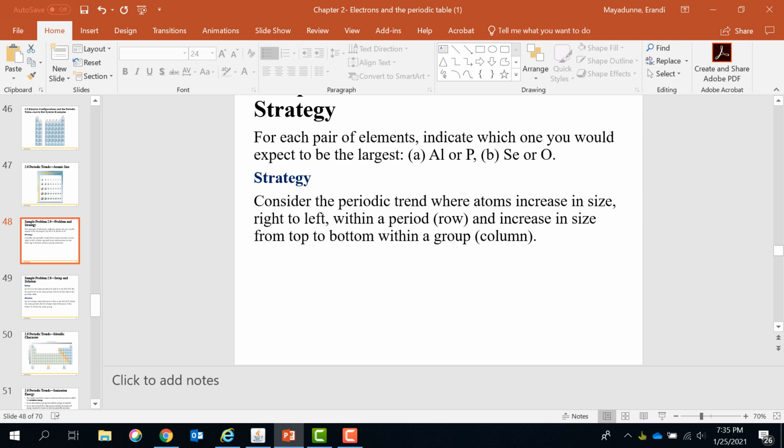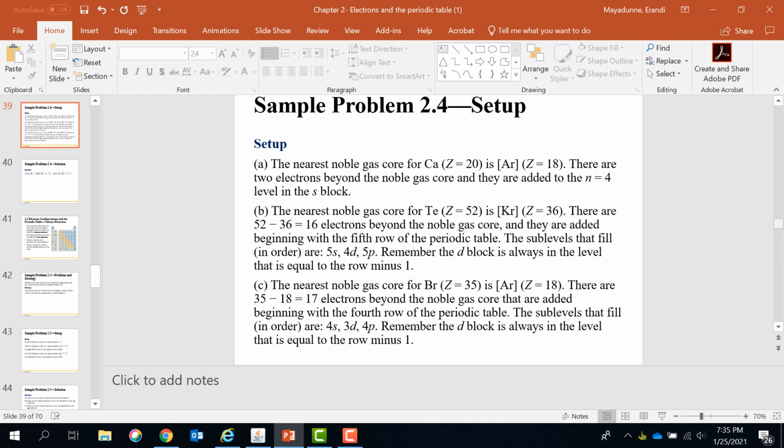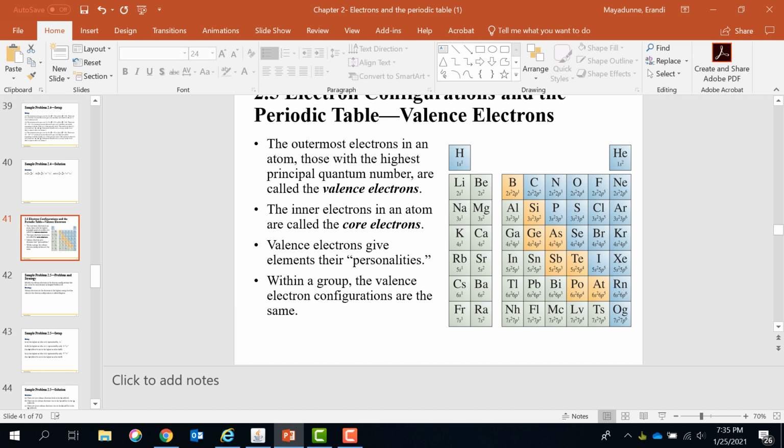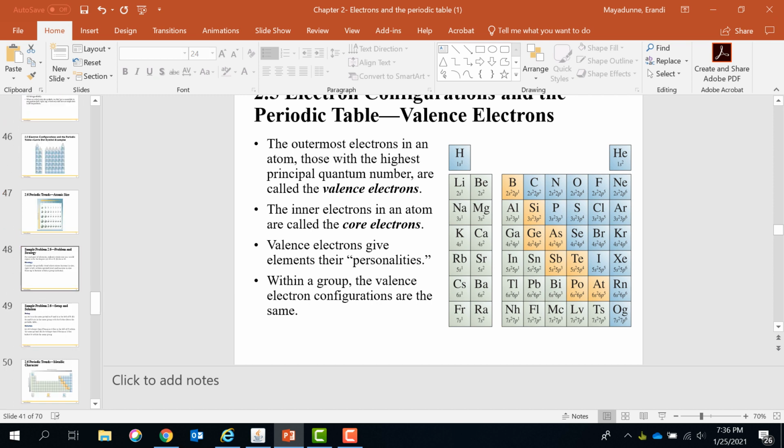Looking at the periodic table, aluminum is here and phosphorus is here. I expect aluminum to be larger because when you go across the periodic table, size decreases. So phosphorus is smaller than aluminum.